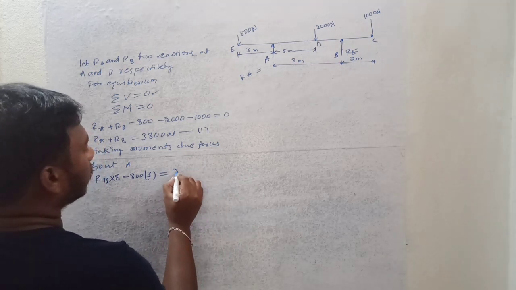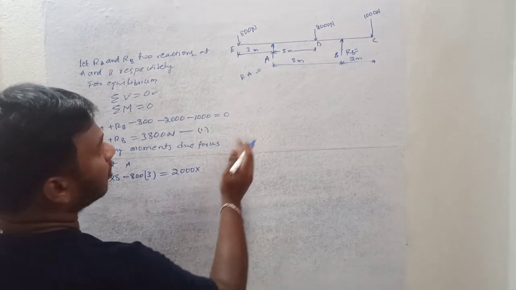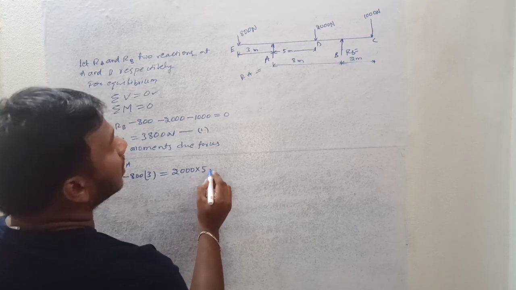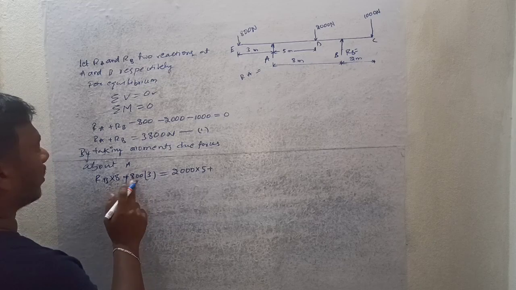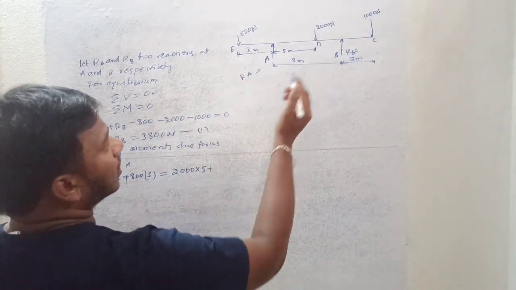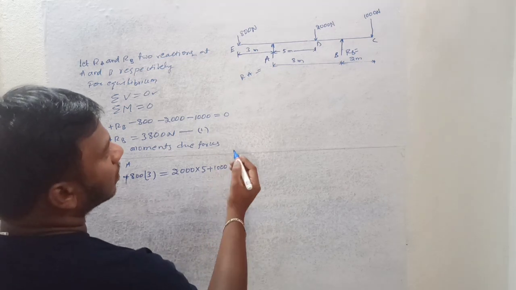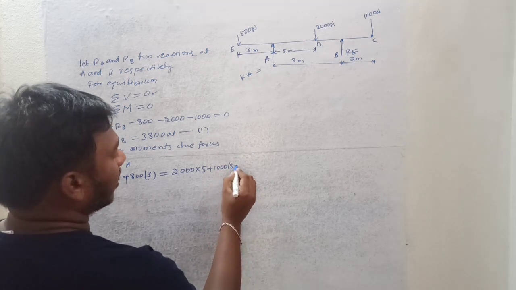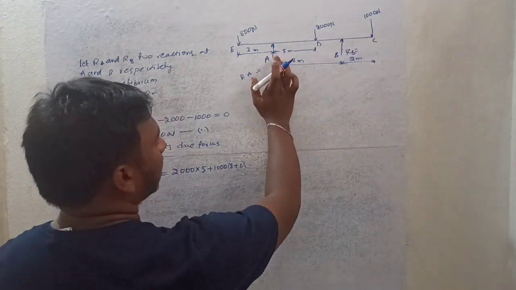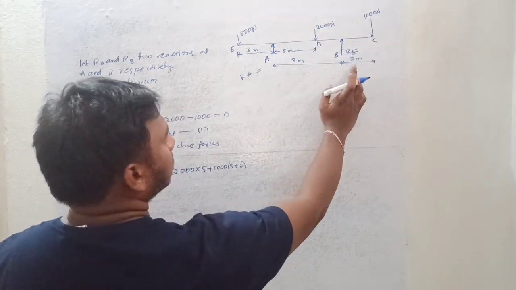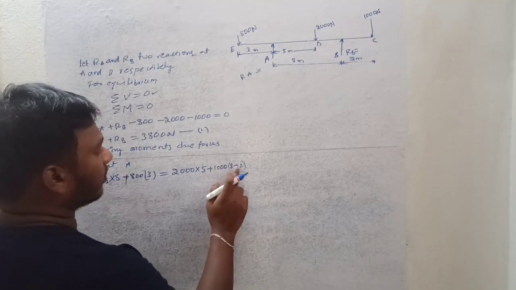That is 2000 into the distance up to A, that is 5 meters, plus 1000 into 10, since 8 plus 2 is 10 meters.